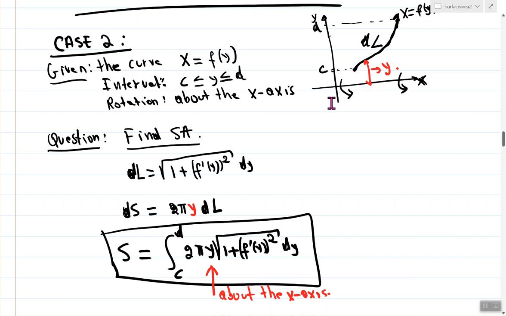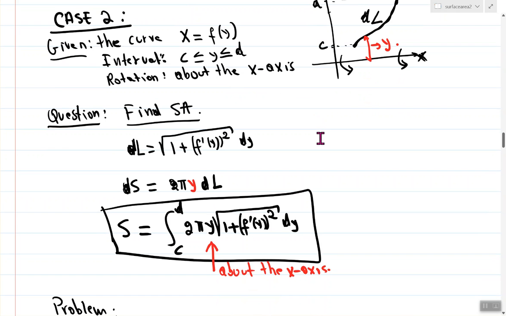So when we rotate this arc with respect to the x-axis, it is going to generate a surface, and the question is, what is the area of that surface of rotation? It doesn't matter. dl is still the square root of 1 plus f prime of y squared dy.